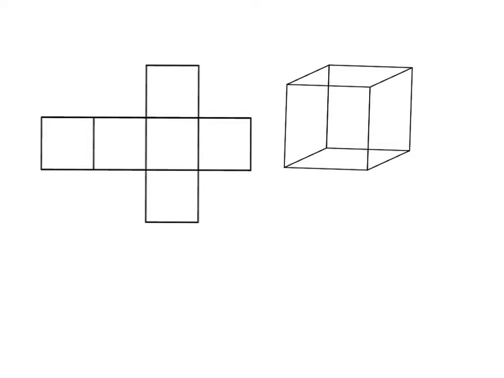So let's see then. Let's say this is a cube of side 6 centimetres. So work out the area of one face. Why don't we work out the bottom? So that would be 6 times 6. 6 times 6 is 36.